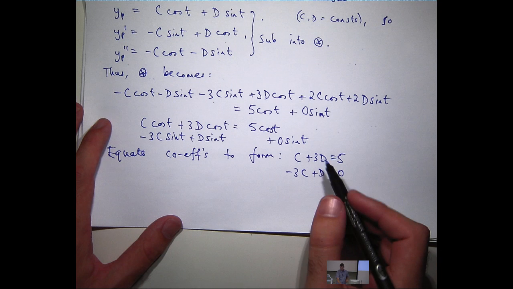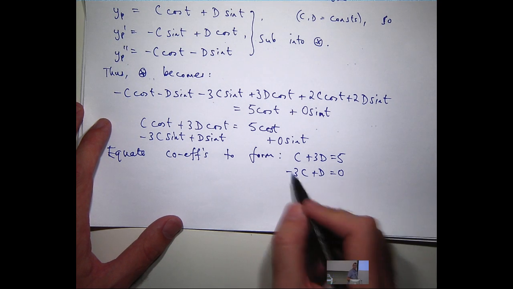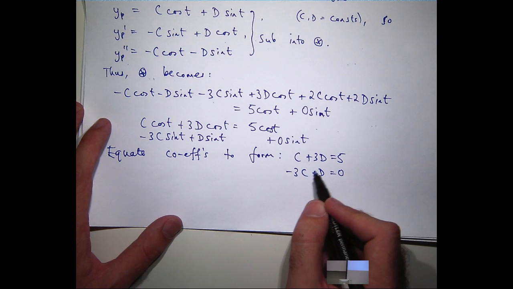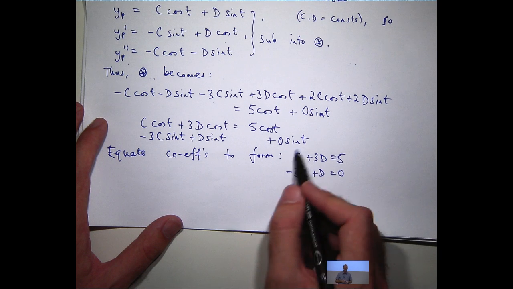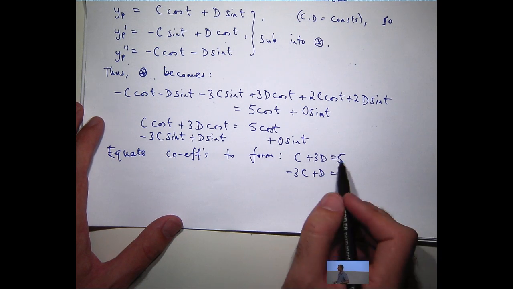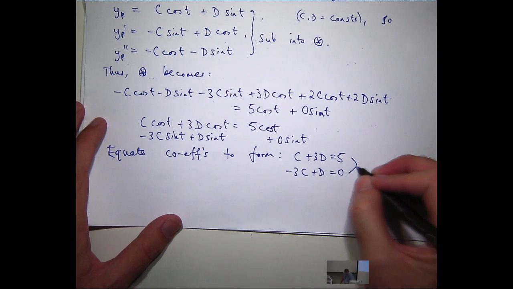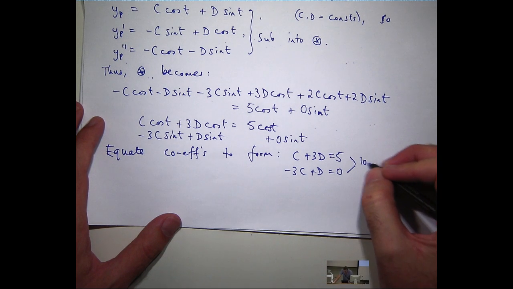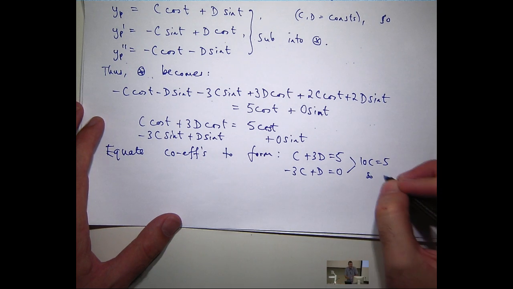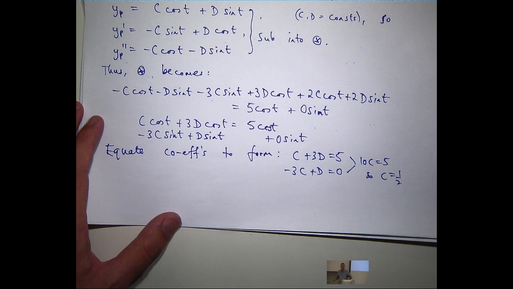Okay, so if I rearrange this one, I'll get D equals 3C, and then sub in here, this is going to give me something like 10C equals 5. Okay? C equals a half.